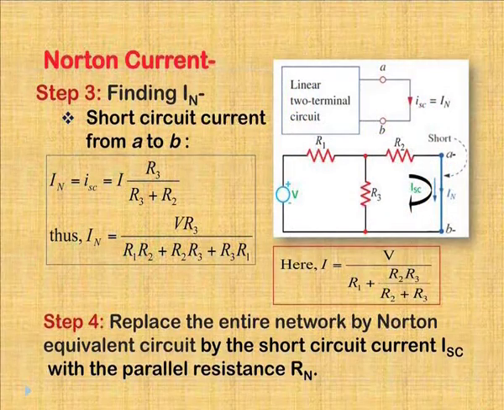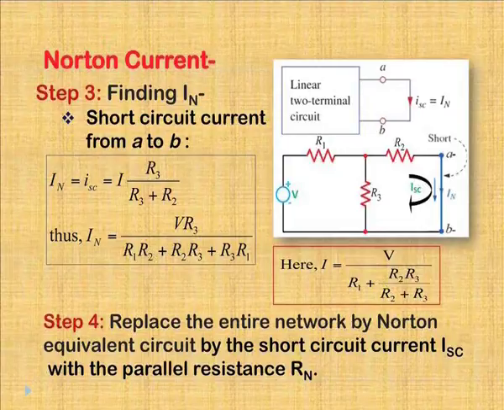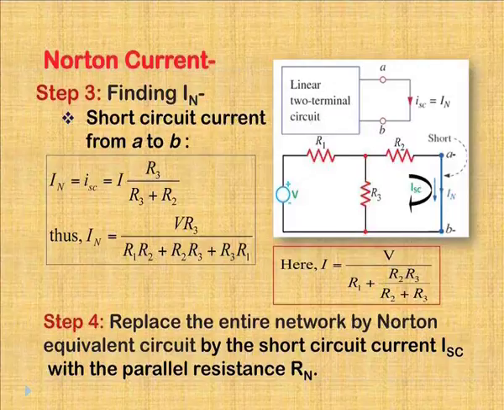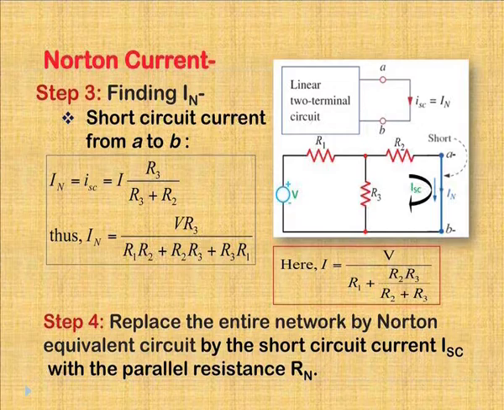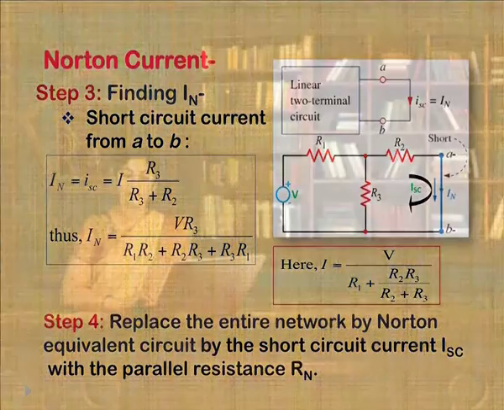Next we have to find the Norton current. As we discussed in the statement of the theorem, the Norton current is the short circuit current flowing through the terminals A and B. So, for finding the Norton current, we place a short across the terminals A and B, and now the current flowing through this short circuit is the Norton current.